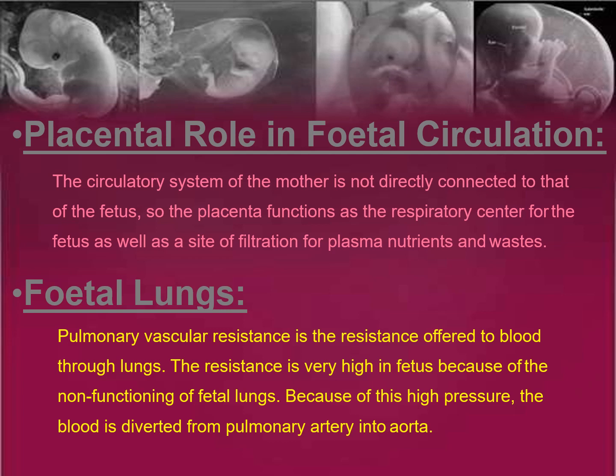Actually, it's a fluid-filled cavity. So the deoxygenated blood from the fetus does not go to the lungs for purification as in adults. Instead of going to the lungs, it is bifurcated from the pulmonary artery directly into the aorta. The pulmonary artery is supposed to go to the lungs, but here it goes directly into the aorta.